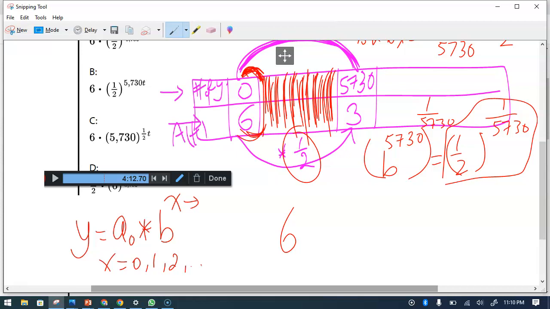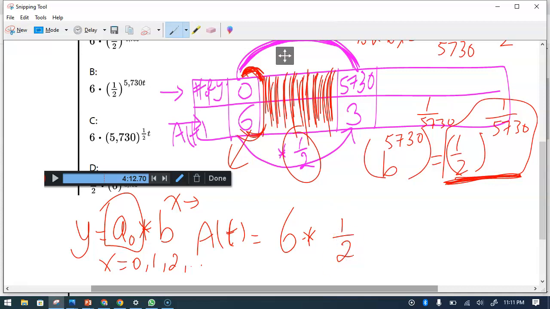So x stands for 0, 1, 2, and so on. This part is the 6 picograms, so that's 6 times. I can use A of t, where t stands for the number of years since it was first seen that it was 6 picograms. And now this is the factor, so it is half raised to 1/5,730, raised to t.